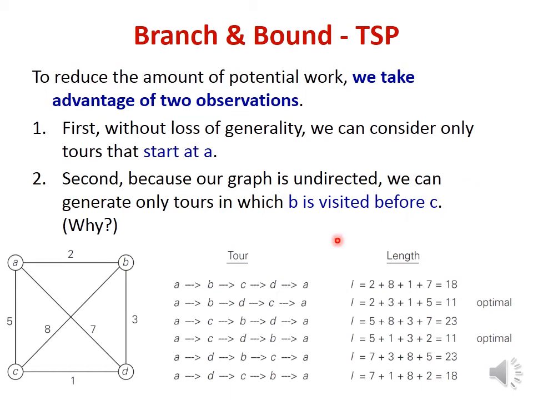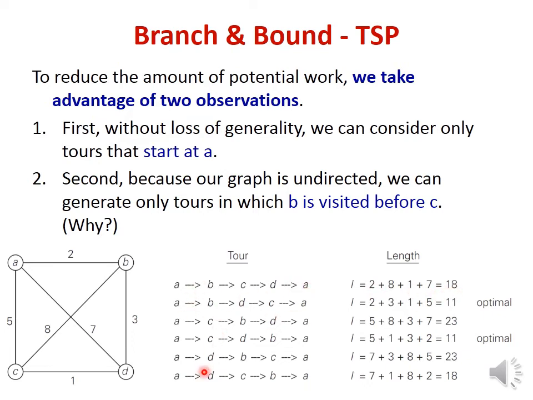Let us understand this with the graph given here. The tour can be something like A, B, C, D, A. The overall length of the tour is 2 plus 8 plus 1 plus 7, which is 18.